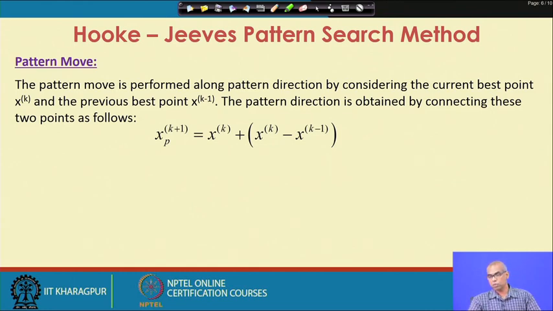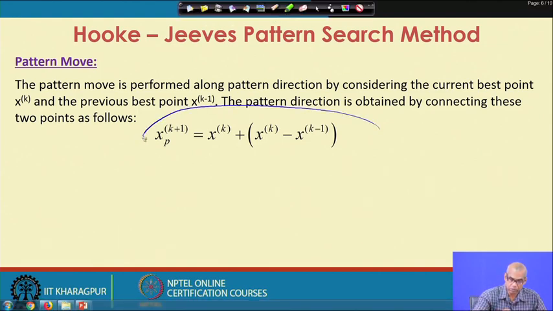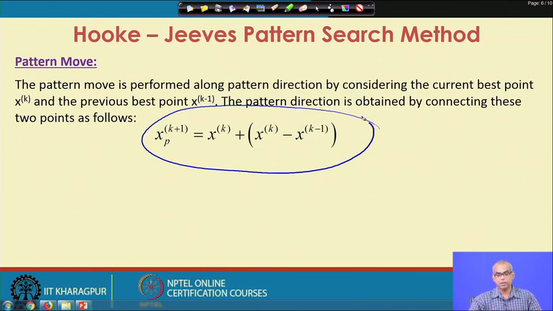The pattern direction is obtained by connecting these 2 points as x p at k plus 1 iteration is x at kth iteration plus the difference of x at kth iteration minus x at k minus 1th iteration. So, this is the equation which you have to use to perform pattern move.